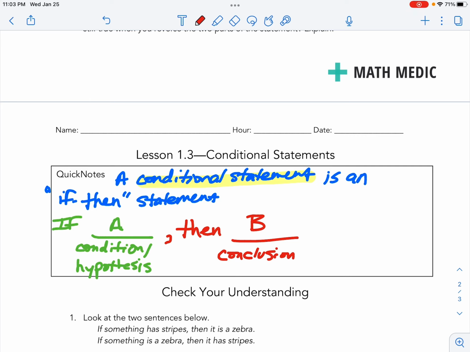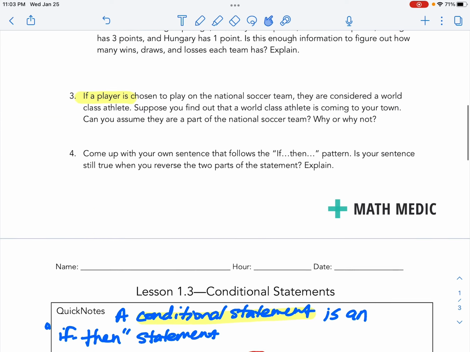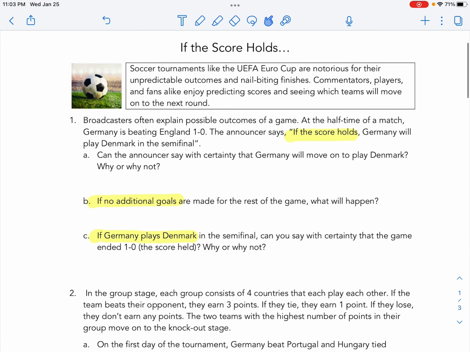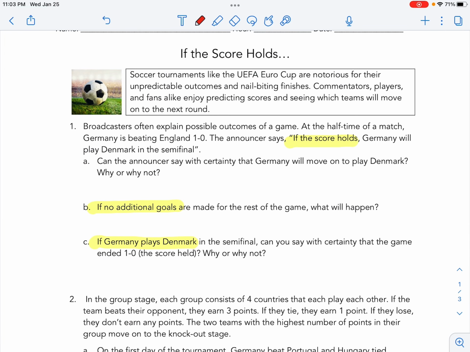So situationally speaking, I'm going to scroll up to the top again, just to play this out. We can see the if a bunch of times in this scenario. If the score holds, if no additional goals are made for the rest of the game, if Germany plays Denmark in the semifinal. In each of those sentences, we don't physically see the word then, but we could toss it into a sentence, and it would be the same exact sentence.